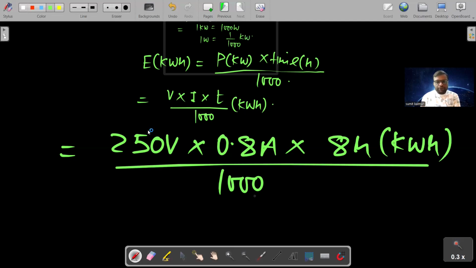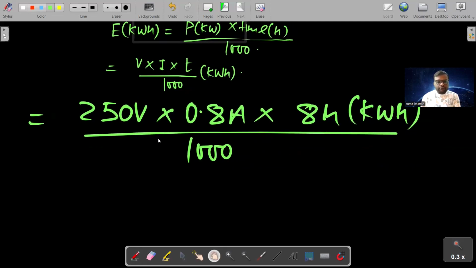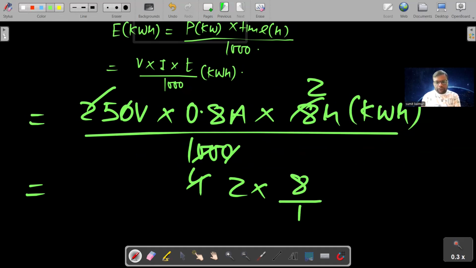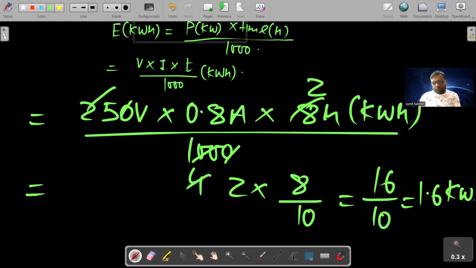So if you calculate this, how much will it come? 250 into 0.8 into 8 upon 1000, which gives 16 upon 10, that is 1.6 kilowatt hour.